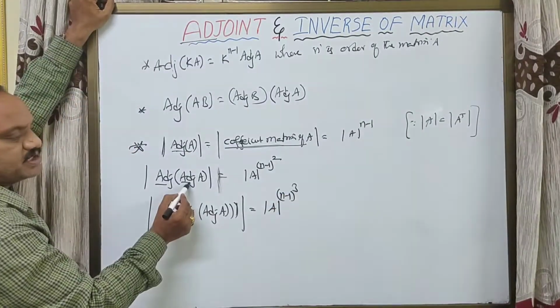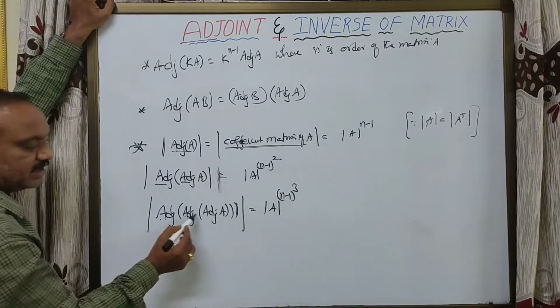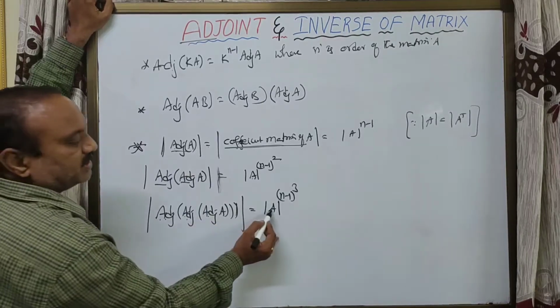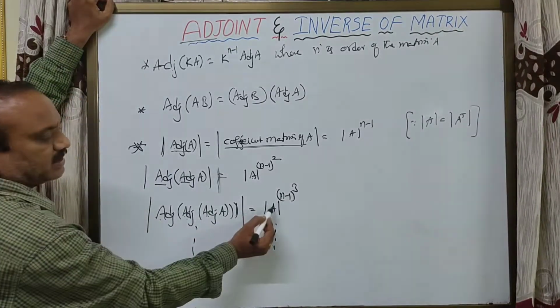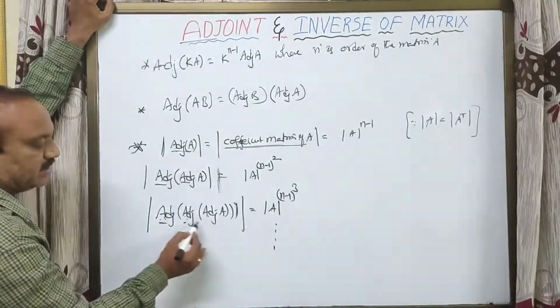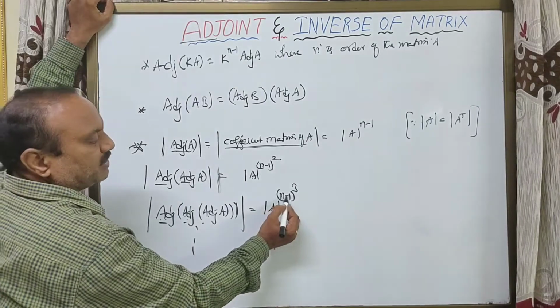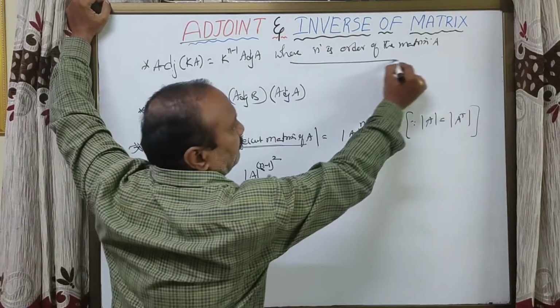So here 2 times adjoint det A whole power n minus 1 whole square. Here 3 times adjoint, so det A whole power n minus 1 whole cube. If you have 4 times, det A whole power n minus 1 whole power 4. If you have n times adjoint, where n is the order of the matrix.